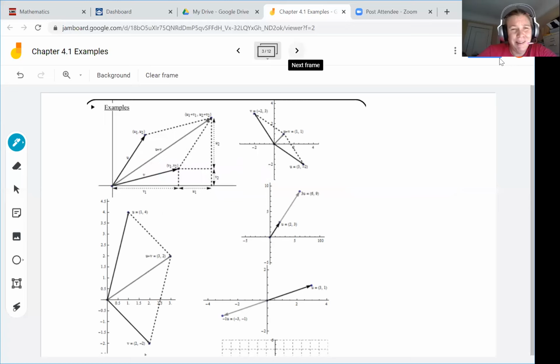All right, here are some examples. So in our first example here, vector u has endpoint here in quadrant 1, and vector v has endpoint, or we could say terminal point, also in quadrant 1. So when we add them up, it's kind of like averaging the middle distance, and then the vector stretches out to this terminal point u1 plus v1 in the first component and u2 plus v2 in the second component.